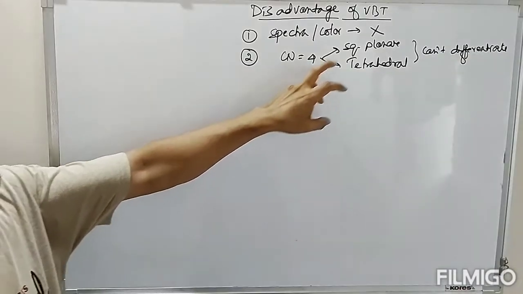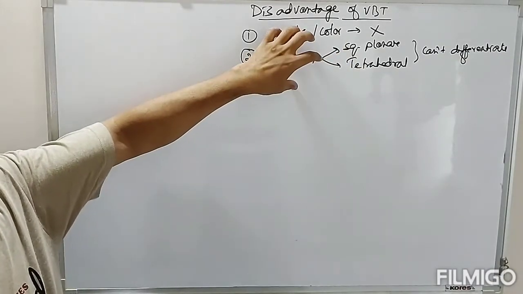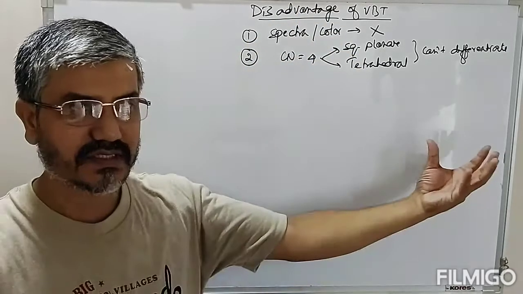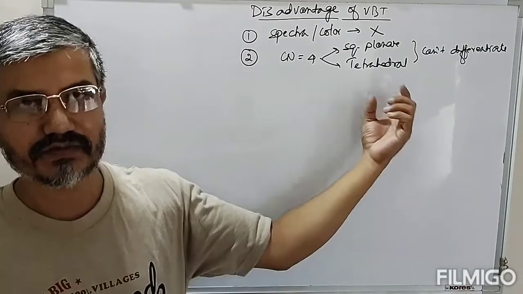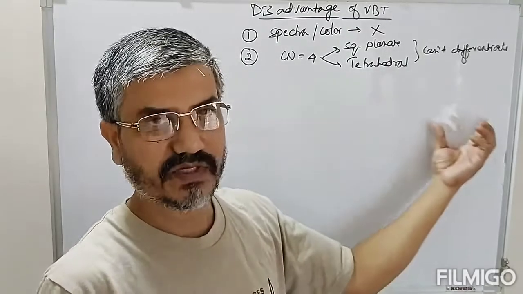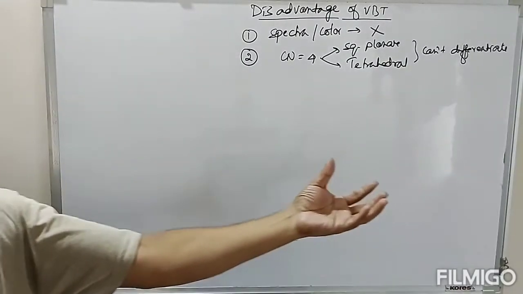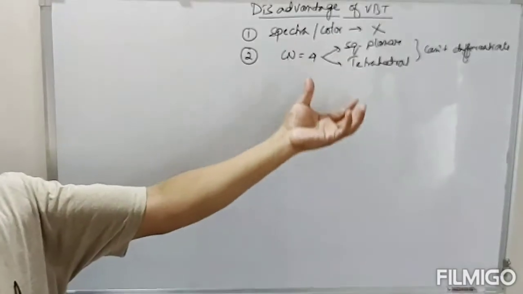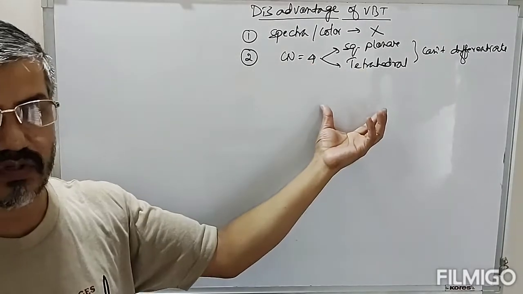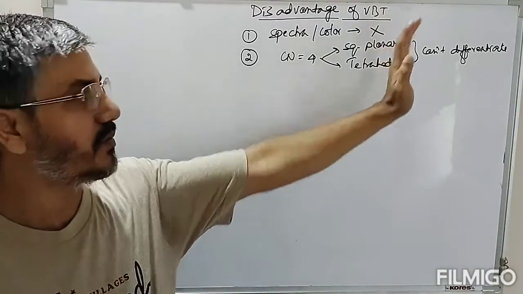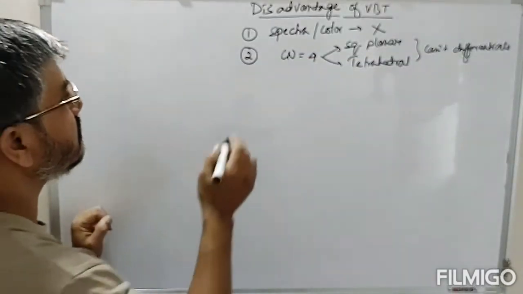Valence bond theory cannot differentiate between square planar and tetrahedral complexes if the coordination number of the central metal is 4. We just assume that one undergoes tetrahedral and one undergoes square planar hybridization. Then we find the spin or the magnetic moment and compare it with the experimental value. Only after this experimental value can we say whether it is tetrahedral or square planar. But just by looking at the complex, we cannot differentiate.